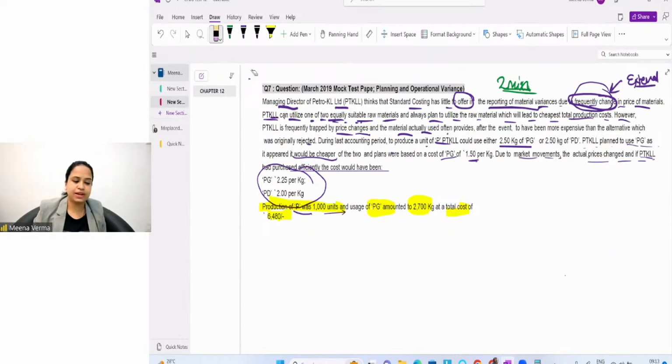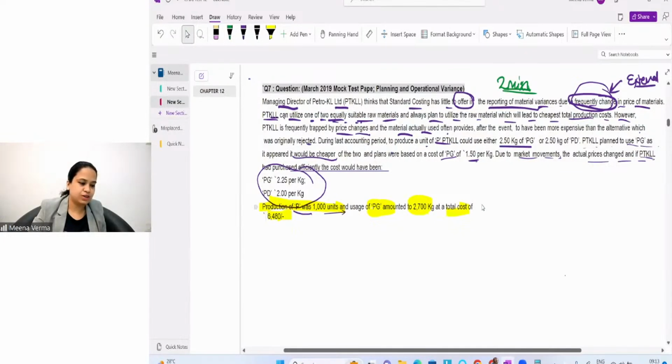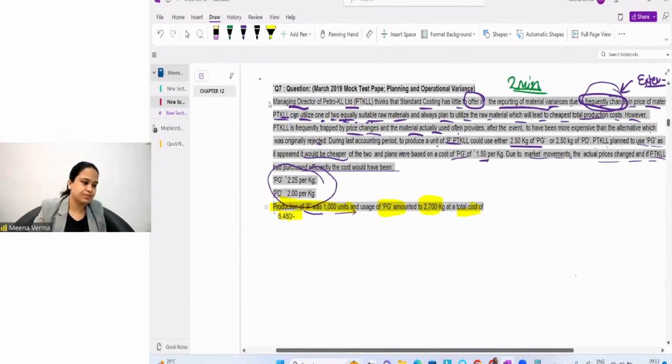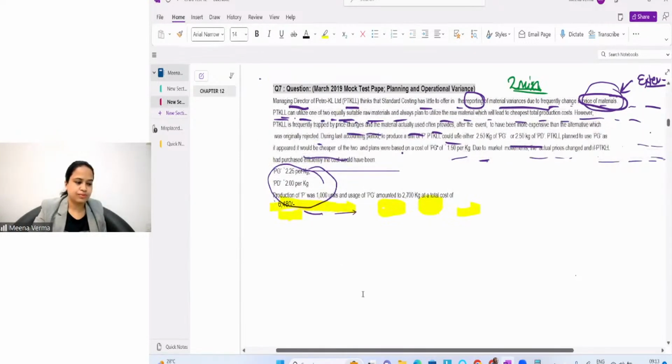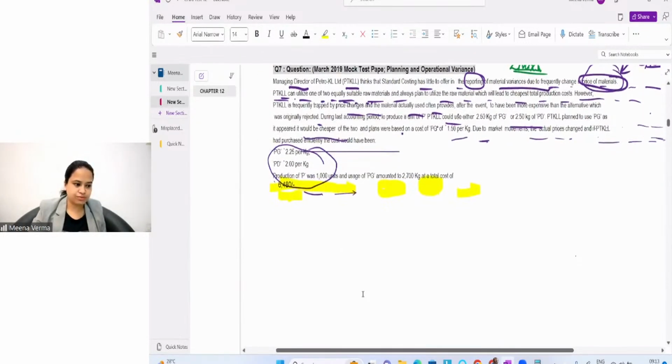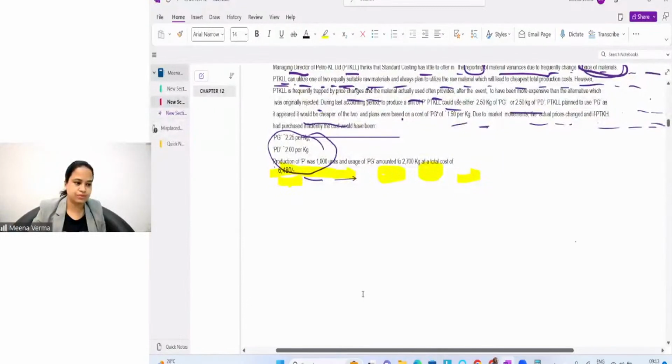The company is planning to use PG material. All right, I'm just making some space to solve the question.